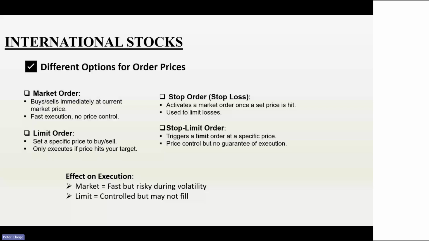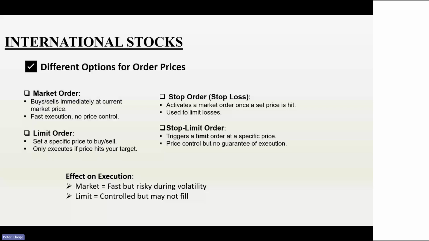So the order will execute immediately as long as there is supply or demand. So this guarantees you fast execution, and on your side you don't have price control. That's the only downside of market orders, both at NSE and international markets.